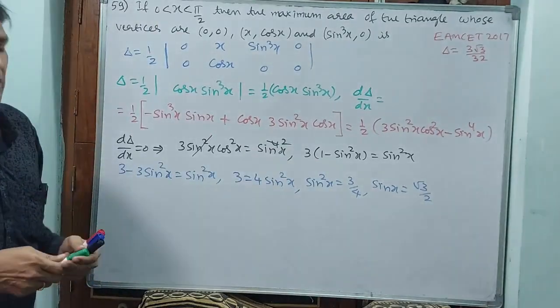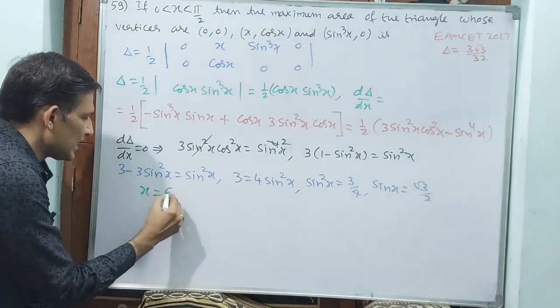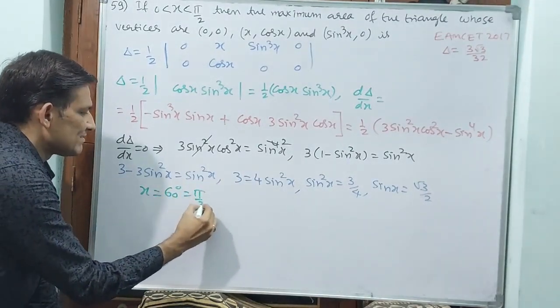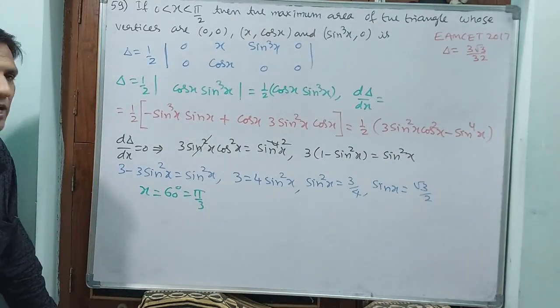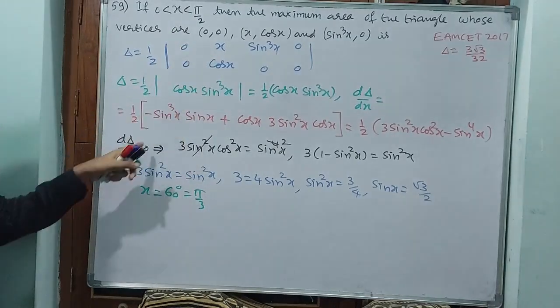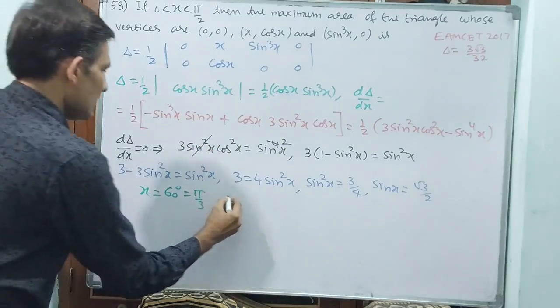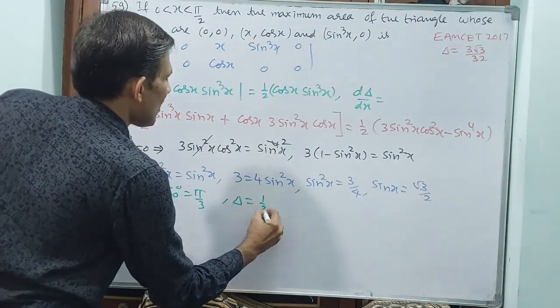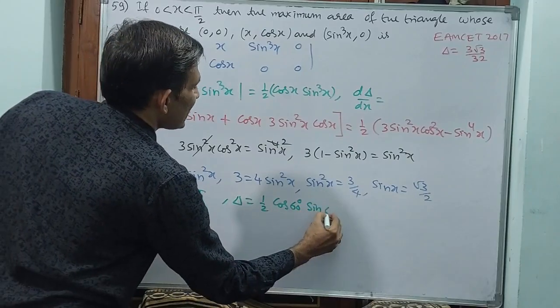Now you tell me, x will be what? 60 degree. Sin 60 is root 3 by 2. Now what you have to find? You have to find area. That's all. Area means again you go here. Area delta is equal to half cos 60 degree sin cube 60 degree.